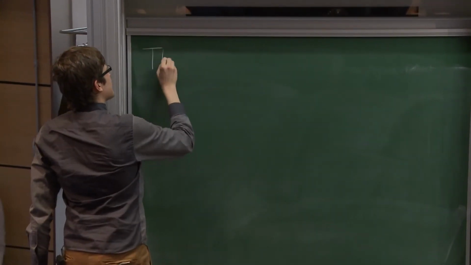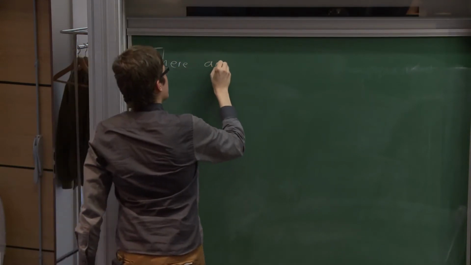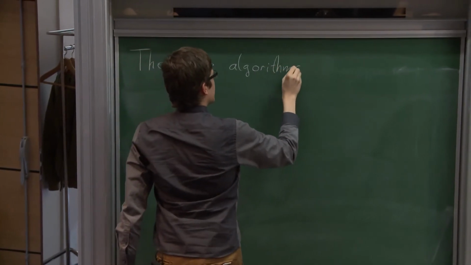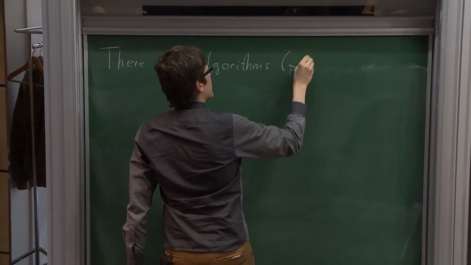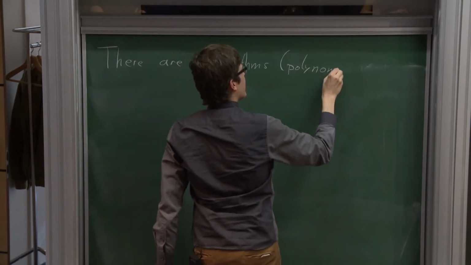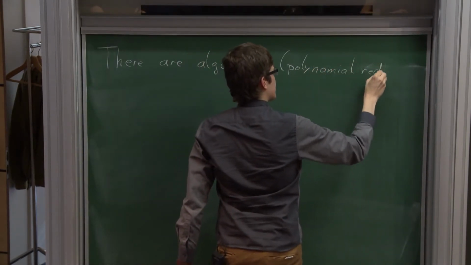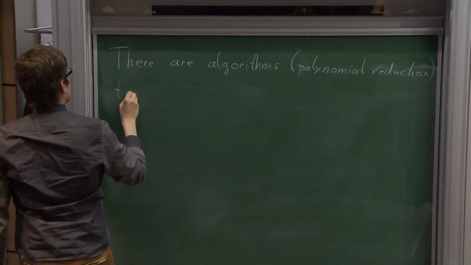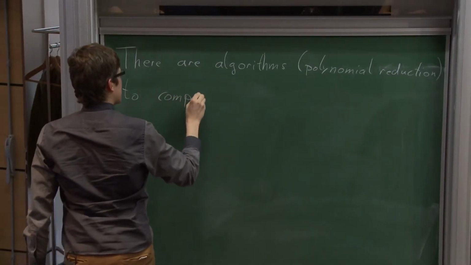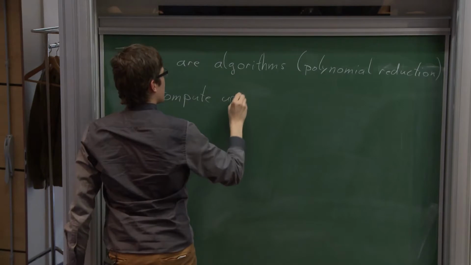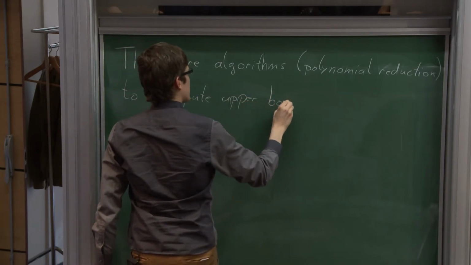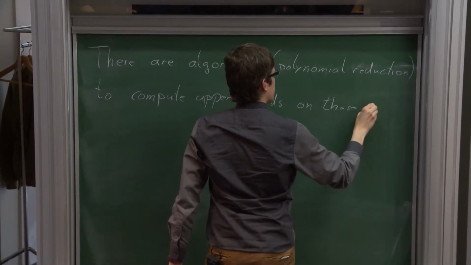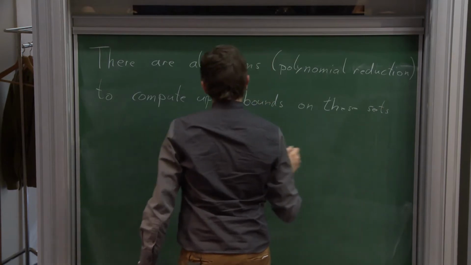But of course, I only have 5 minutes left. So I'll just say to you that there are algorithms under the name of polynomial reduction to compute upper bounds on these sets of singularities.